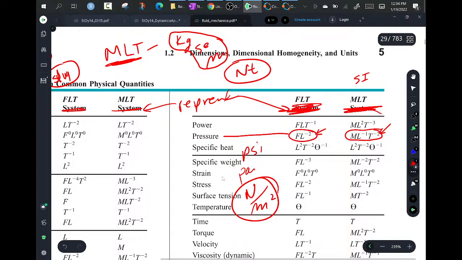So that word should be changed. I don't mean to be mean or anything, but SI units, as well as English engineering or British units, represent pressure as a pound per inch squared or a Newton per meter squared. This is the representation.